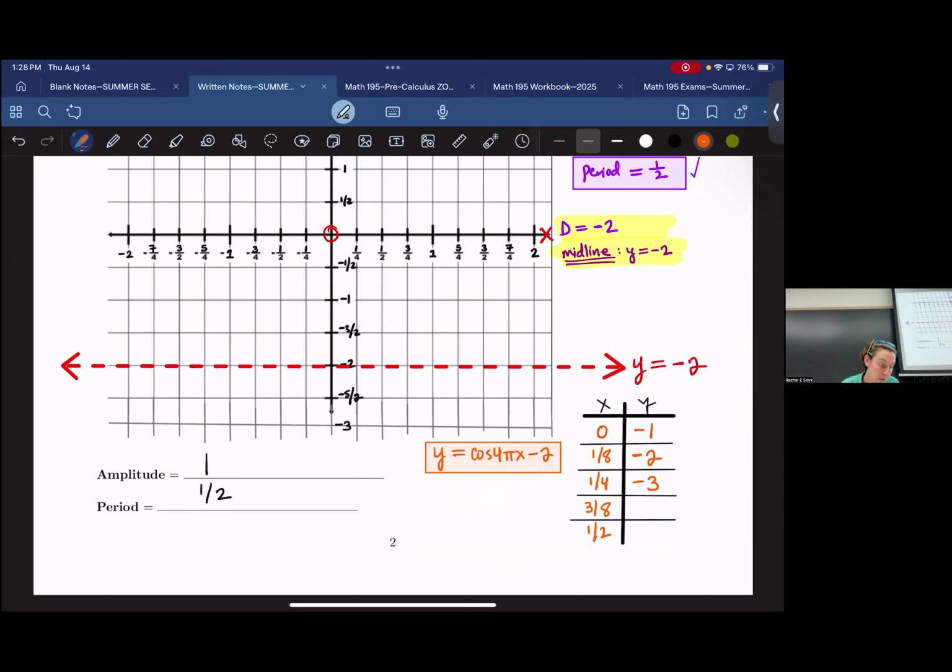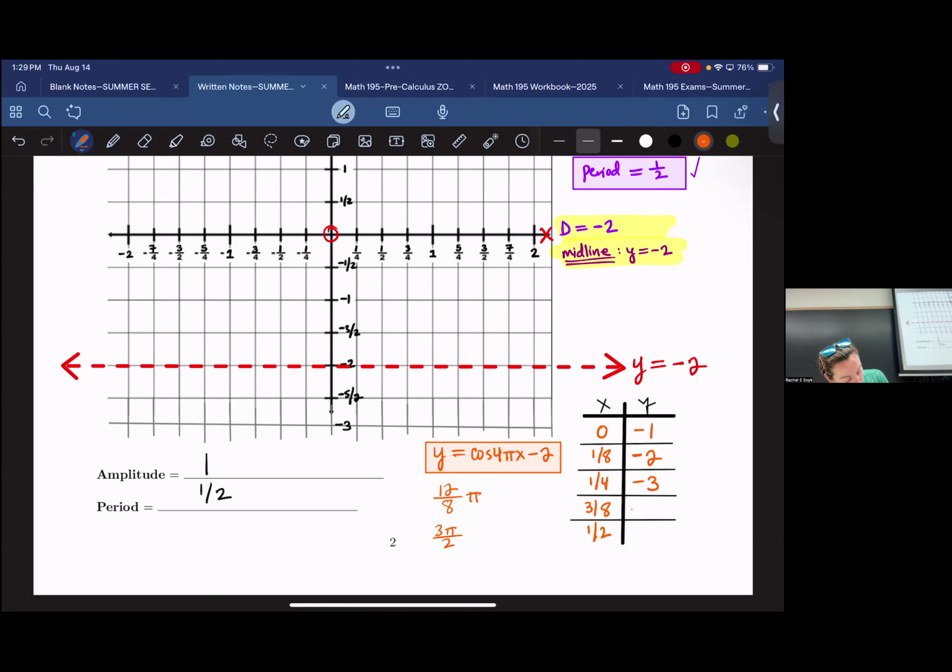Let's plug in 3/8, and so we get 12 over 8 pi, which simplifies to 6 over 4, 3 pi over 2, aka 270 degrees, which makes our cosine once again 0.